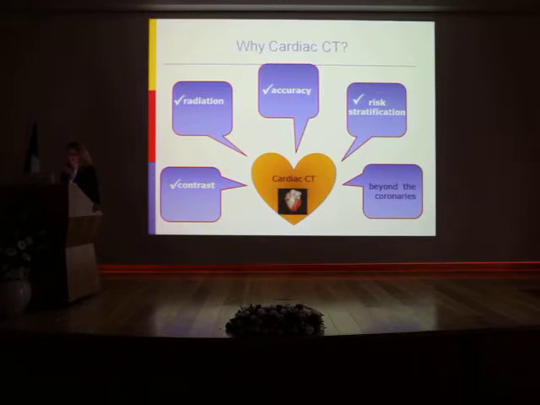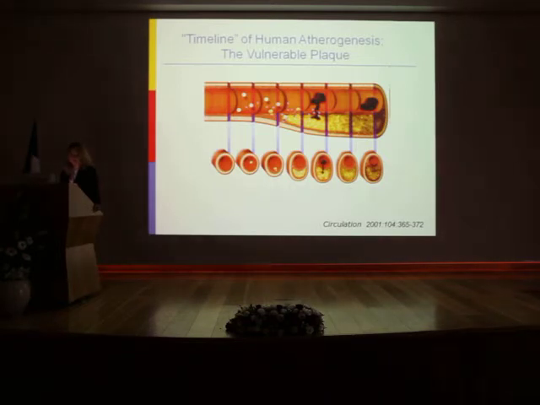And for risk stratification, I believe that this is the future. We should prevent future events based on data, which, when the radiation dose really goes down, will be a non-issue. Let's remember the process of atherosclerosis and acute myocardial infarction. The plaque grows and may cause acute myocardial infarction.